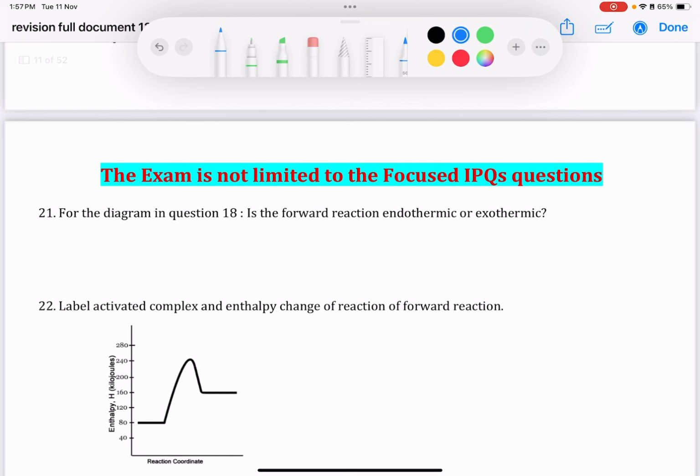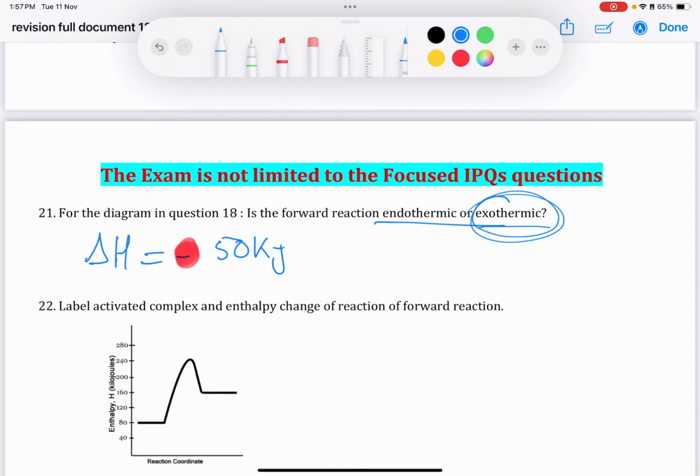For the diagram in question 18, is the forward reaction endothermic or exothermic? Didn't we get delta H to be negative 50 kilojoules? Isn't delta H negative? It means it releases energy. So this reaction is exothermic.